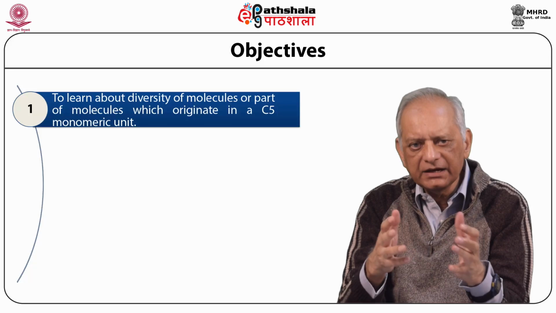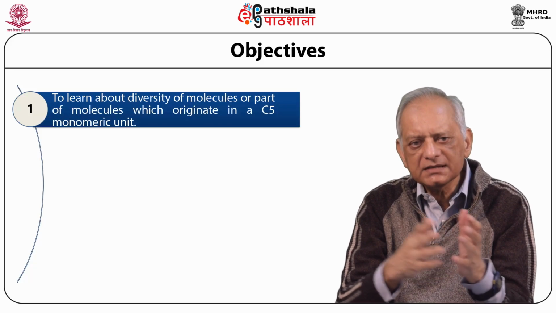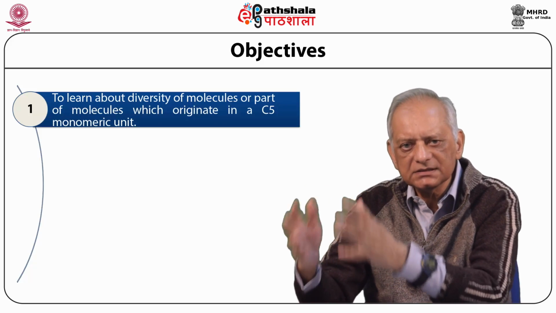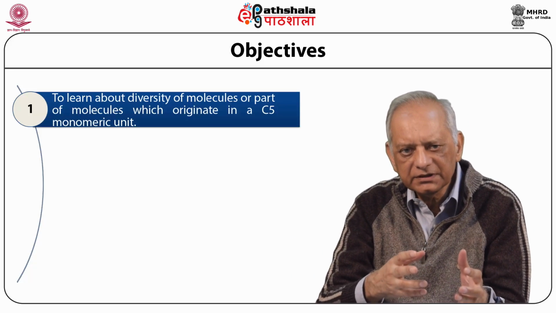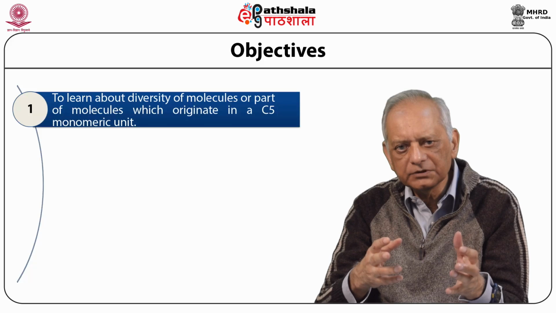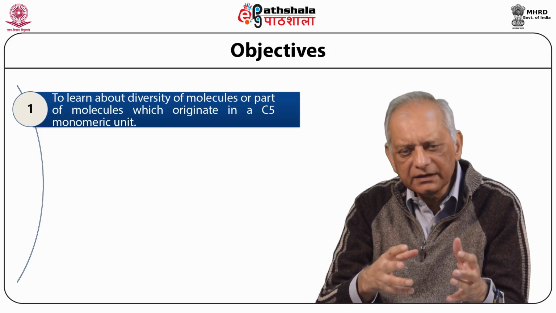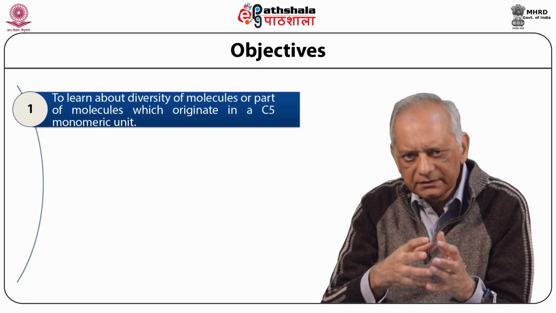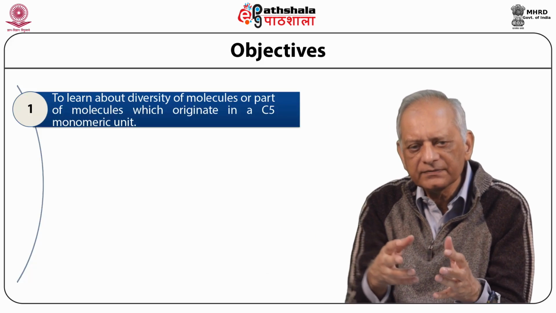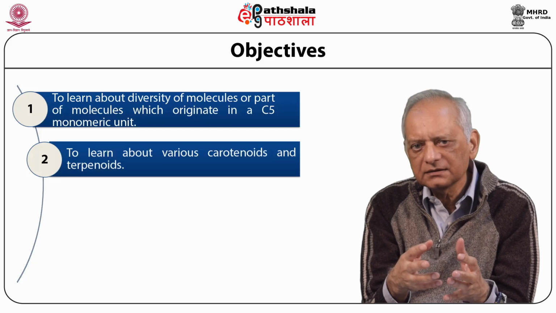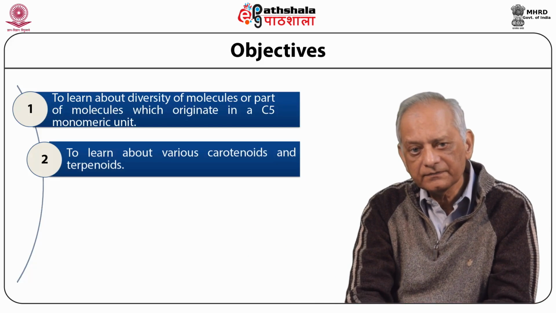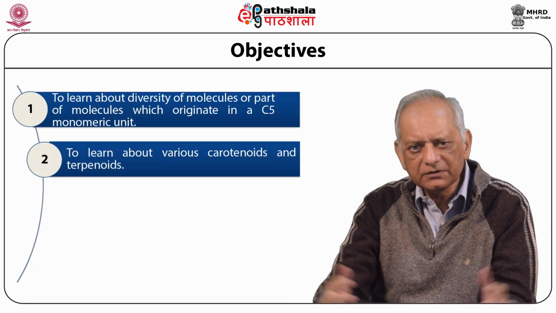When we say derived, we mean in the sense that they are biosynthesized starting from this C5 moiety. For example, including among all this huge list are the important ones like various carotenoids and terpenoids.